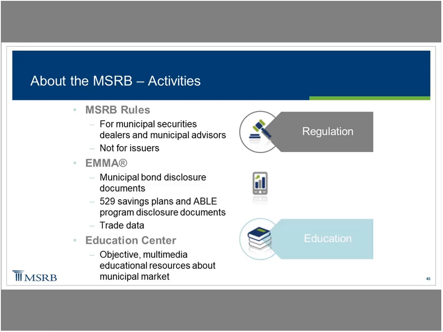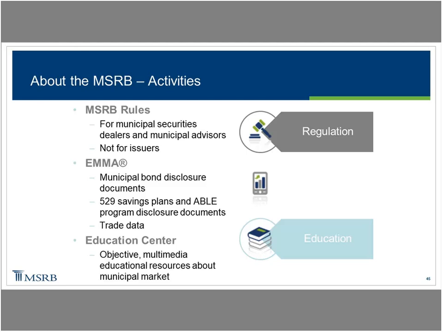As I'd mentioned, we also try to accomplish our goal via transparency, and that is our EMMA website. EMMA stands for the Electronic Municipal Market Access Platform, and this is a free website operated by the MSRB. On this website, investors can access bond disclosure documents for virtually every municipal security. You can also access 529 Education Savings Plan and ABLE program disclosure documents, and we'll touch a bit more on that in a moment.